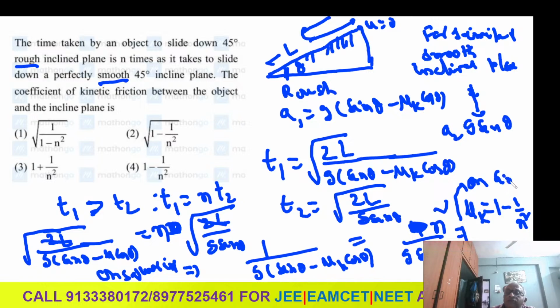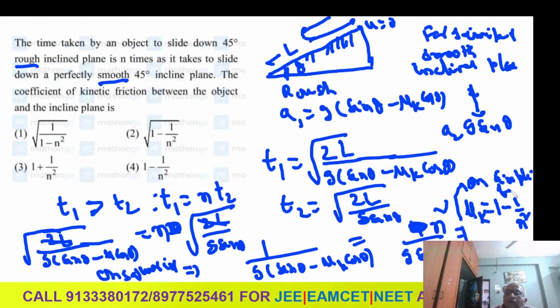On simplifying, okay, this is the answer: 1 minus 1 by n square.